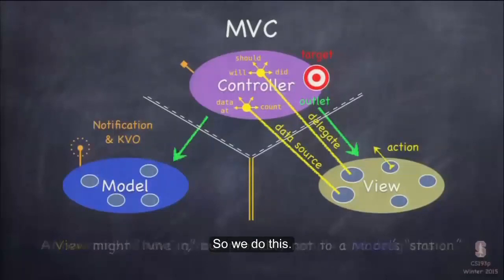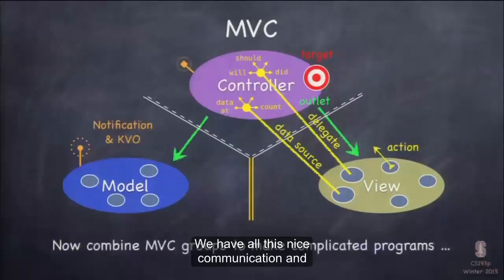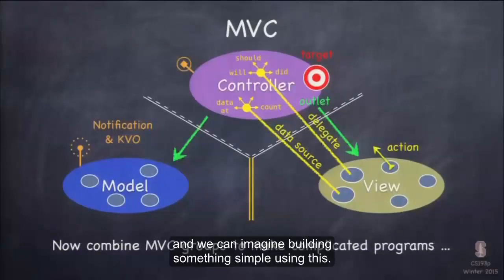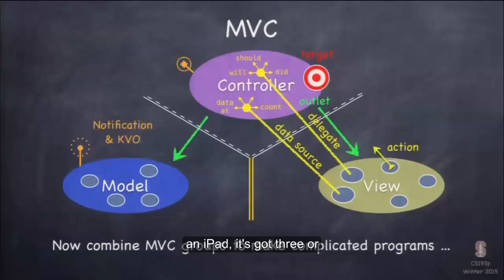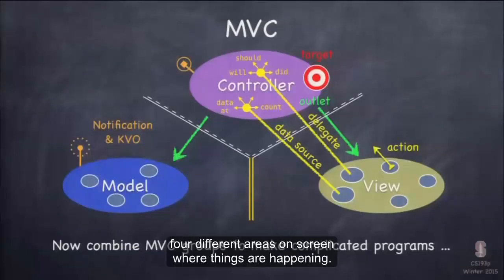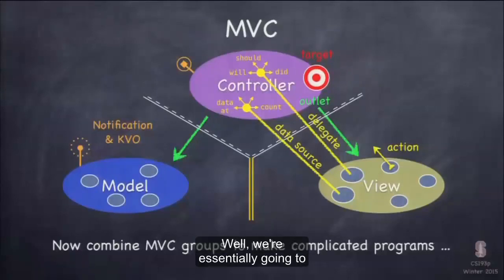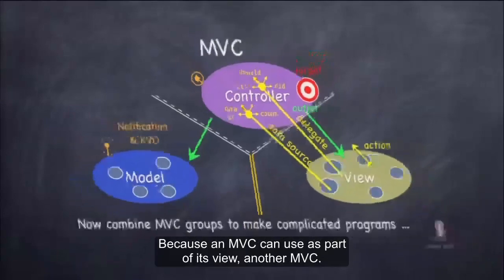All right, so we have all this nice communication and all these rules, and we can imagine building something simple using this. But what if we want to build a big, complicated app, an app that has multiple screens on our iPhone or on an iPad? It's got 3 or 4 different areas on screen where things are happening. How do we do that? Well, we're essentially going to combine multiple MVCs, okay?